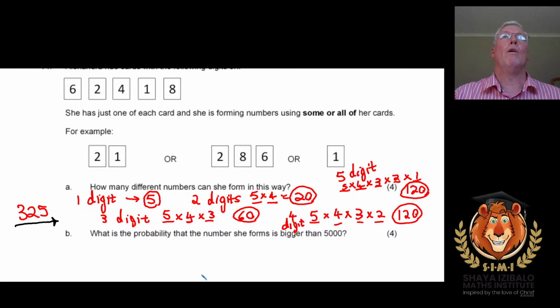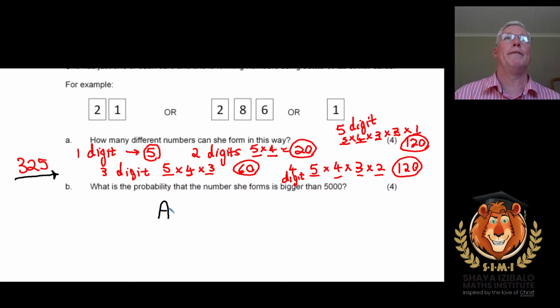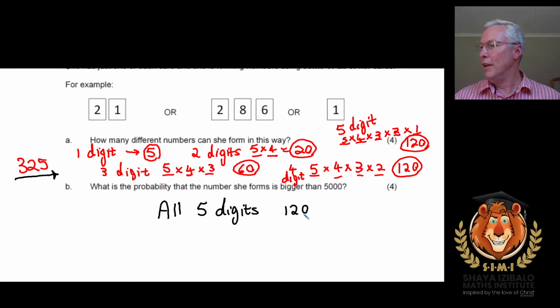Then, what's the probability that the number she forms is bigger than 5,000? Now, 5,000 only has 4 digits, so all of her 5-digit numbers will be okay. That's 120 of those. But what we now want to work out is how many of the 4-digit numbers would be okay.